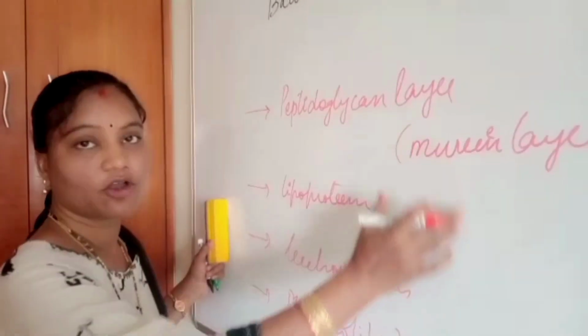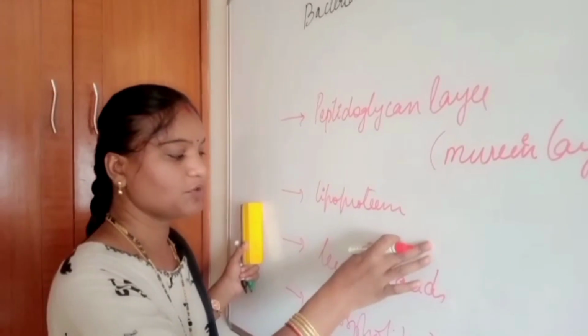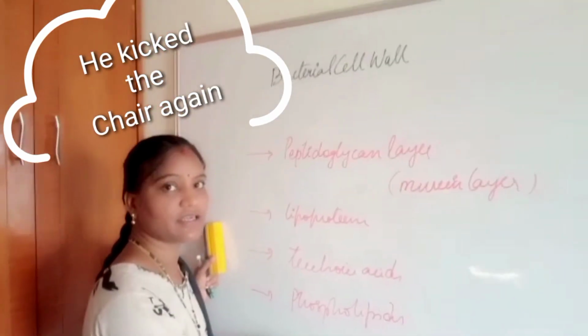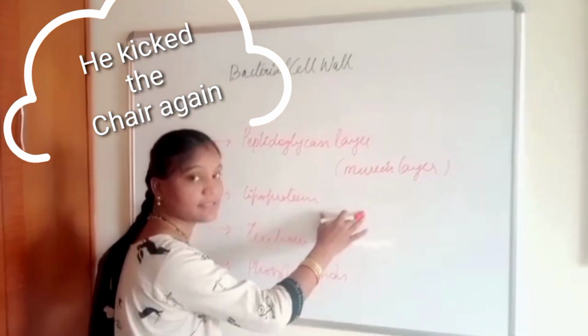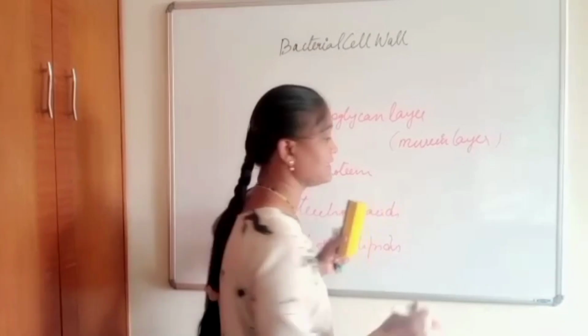Based on all these components, that is your peptidoglycan layer, lipoproteins, teichoic acids and phospholipids, there are different types of bacterial cell wall, and so different types of bacteria.